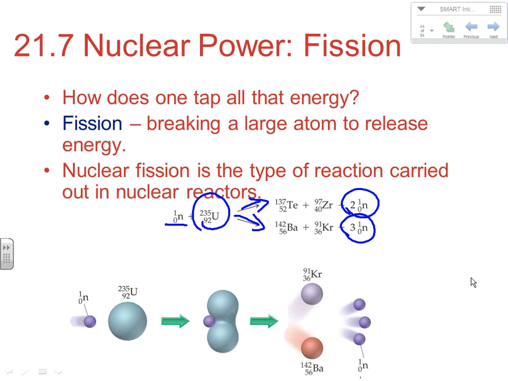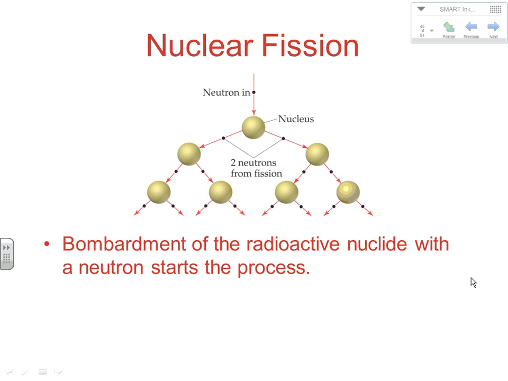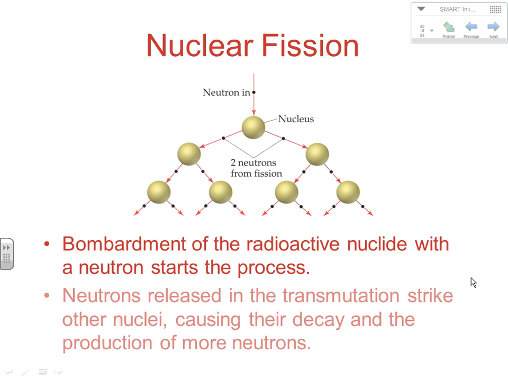And we can go from relatively few reactions to a large number of reactions in a very short period of time. What we're really looking at here is how one can make two, and two can make four, and so on. So the bombardment of a radioactive nuclide with a neutron can start the process.